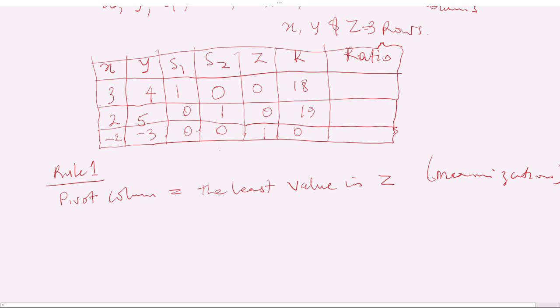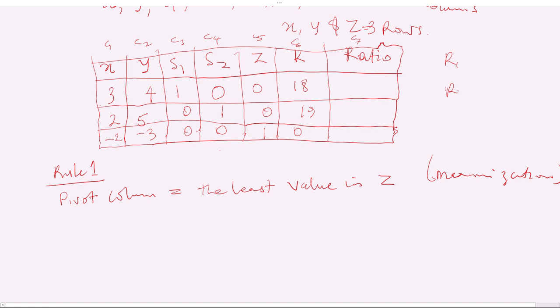If you are considering maximization, we have to look at Z and factor out which value is the least. The least here is minus 3. Since minus 3 belongs to column 2, let's assume this is column 1, C1, C2, C3, C4, C5, C6, and this is C7, the last one.